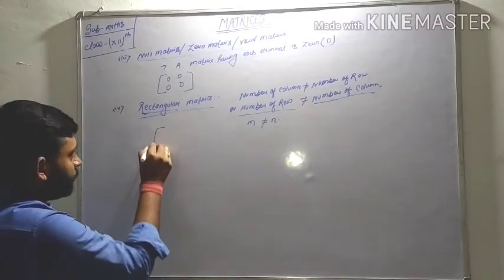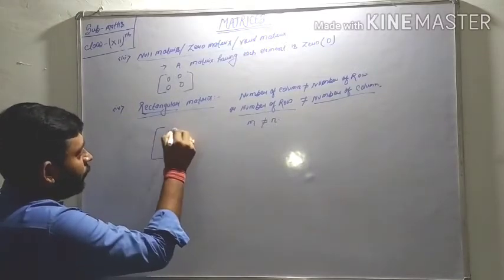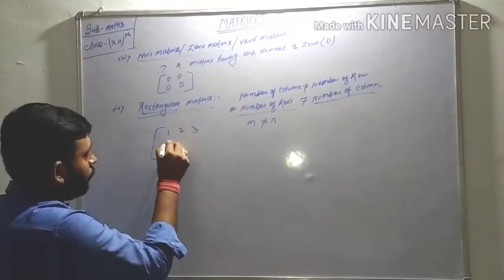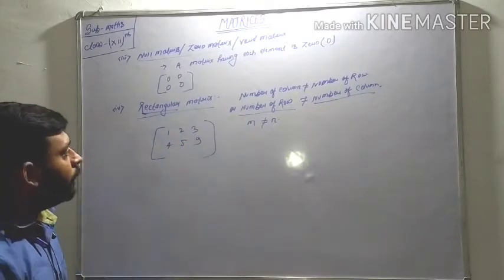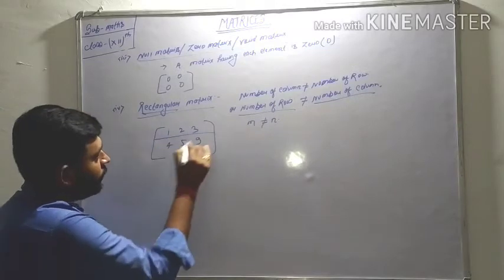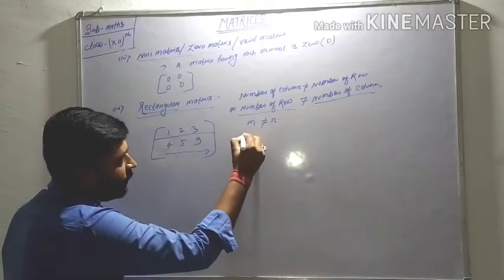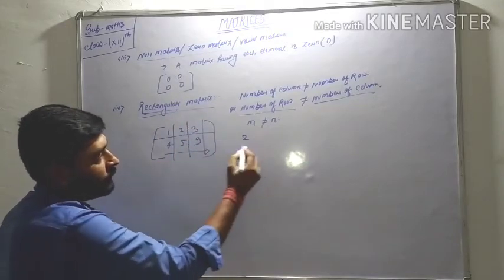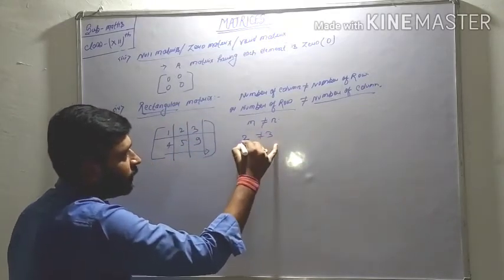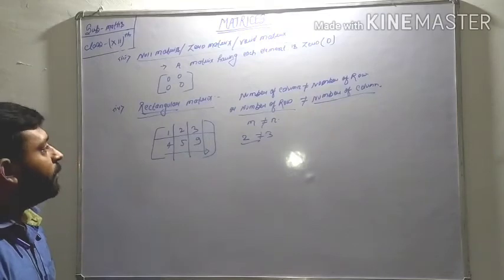For example, 1 2 3 4 5 9. The number of rows is 2 and columns is 3. That means 2 is not equal to 3. Therefore, it is called a rectangular matrix.